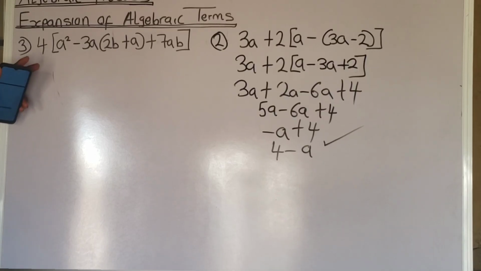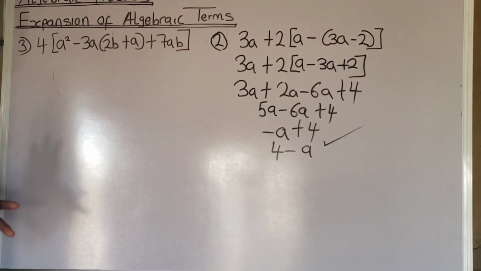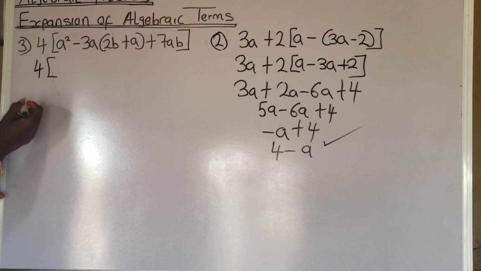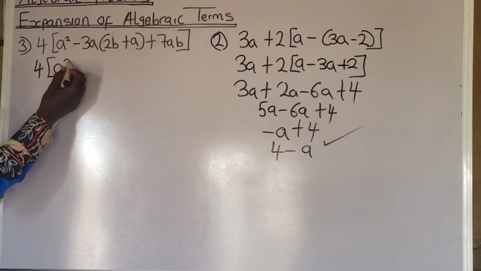Okay, we have the third question. We are asked to expand 4(a squared minus 3a(2b plus a) plus 7ab). Don't forget, the step is to first deal with the terms inside the first bracket. So I'm going to have 4(a squared.